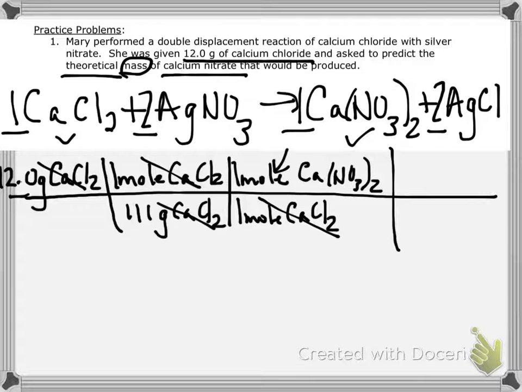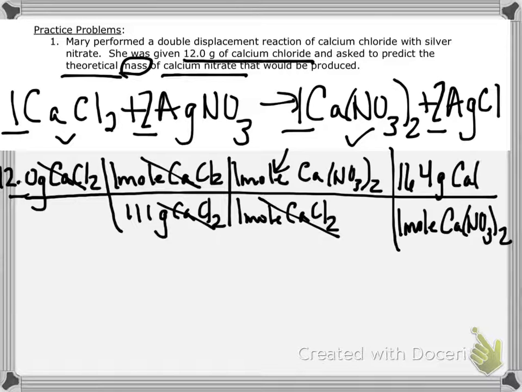So once again, I'm going to use the periodic table, and I'm going to find what 1 mole of calcium nitrate weighs. When I look on the periodic table and add up 1 calcium, 2 nitrogens, and 6 oxygens, it gives me 164 grams. And that is the molar mass of calcium nitrate.